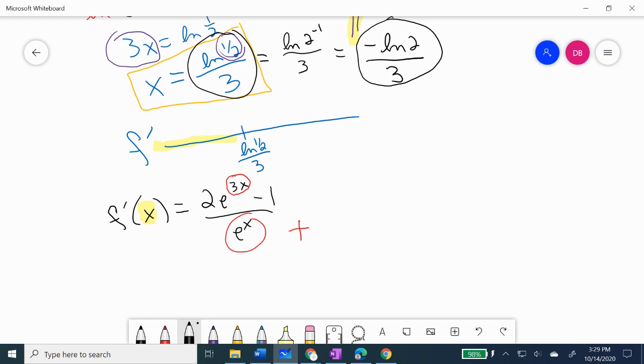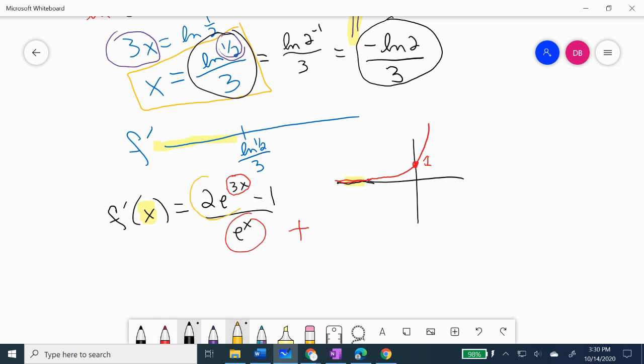Let's remember the graph of e to the x. It's a base greater than 1, so it's an exponential growth, y-intercept 1. So when I am looking way down in the negative area, I have an asymptoting function that is positive but so close to 0 it's ridiculous.